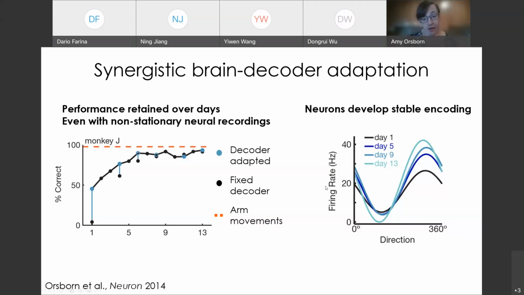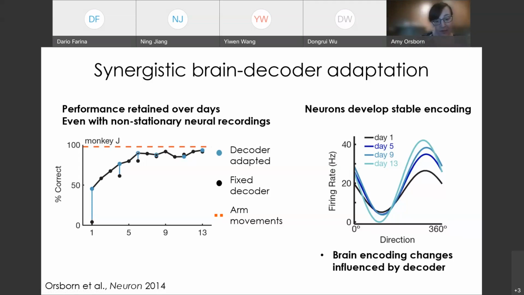Over days, you can see that this neuron consistently prefers the same target, but is gradually increasing its modulation for the task. I won't go over details, but we also found a really interesting relationship between the encoding changes we saw in the brain and the decoder adaptation that we were doing. It suggested that there were, in fact, synergistic interactions between these two learners that we could potentially leverage.